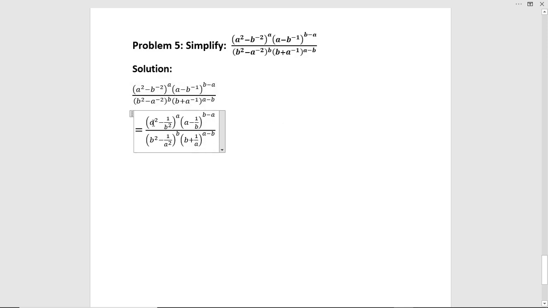Now 1 by b square means 1 by b whole square. Therefore, this expression a square minus 1 by b square might be written as a square minus 1 by b whole square. So we can use a formula here, a square minus b square, that is a plus b into a minus b.